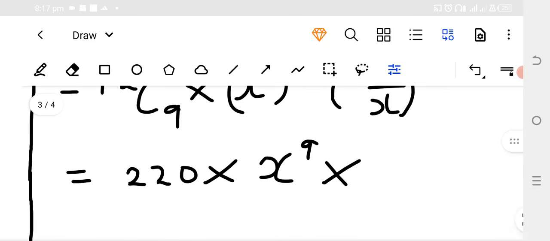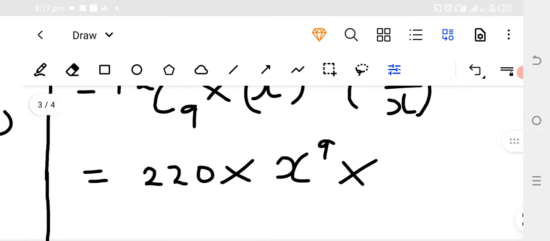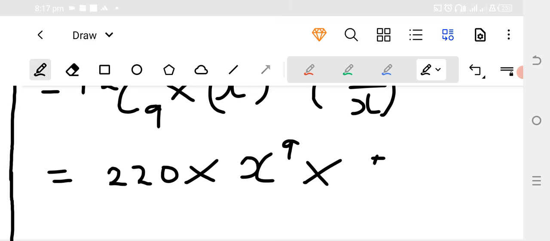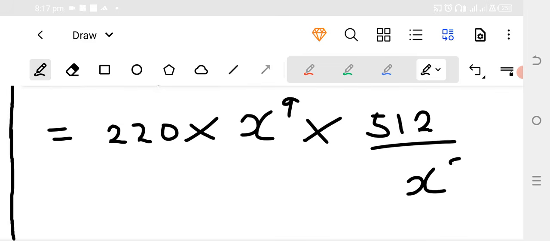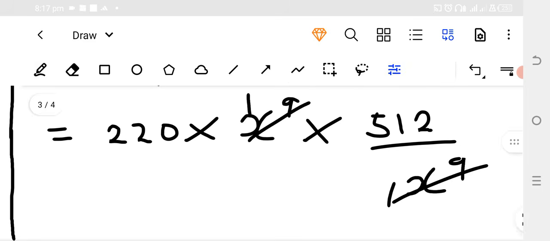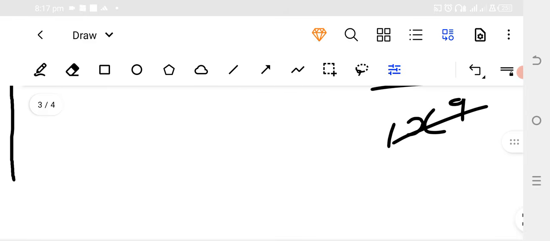What is 2 raised to the power 9? It's 512. So the final answer will be times 512 divided by x to the power 9. So this will cancel, giving you 1. So it will be 220 times 512.